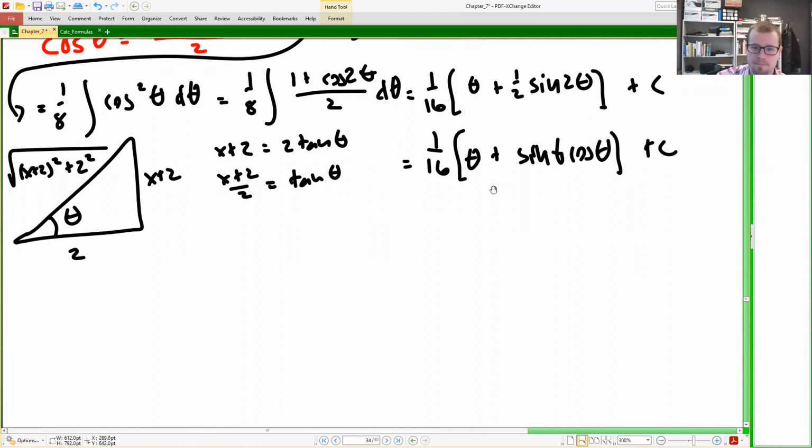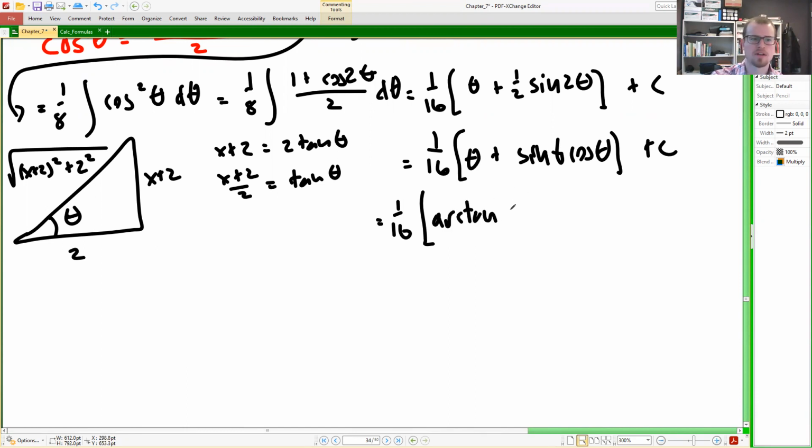All right. So now I can use my triangle to help find theta, sine theta, and cosine theta. So this is 1/16 times theta, which can be found simply by the arctangent of (x plus 2) divided by 2.